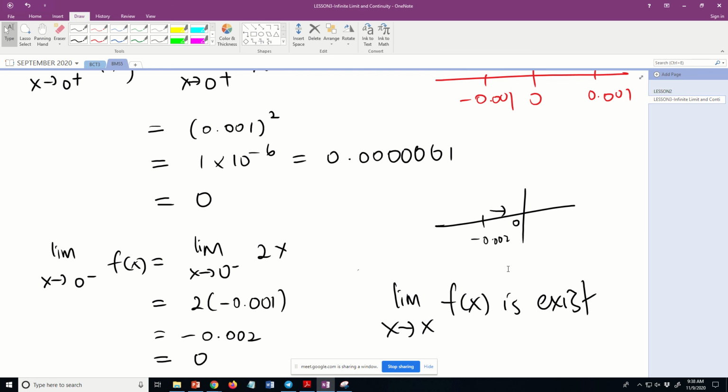Okay. You won't get marks for this 0 negative. Means your limit for function fx is wrong. Correct. It is less than 0 because the function for less than 0 is 2x.